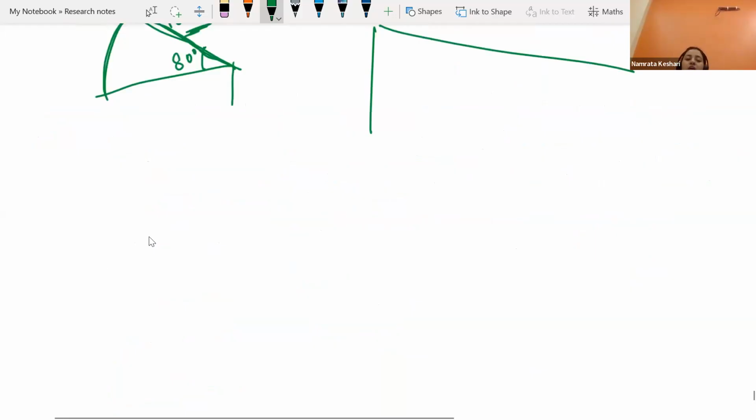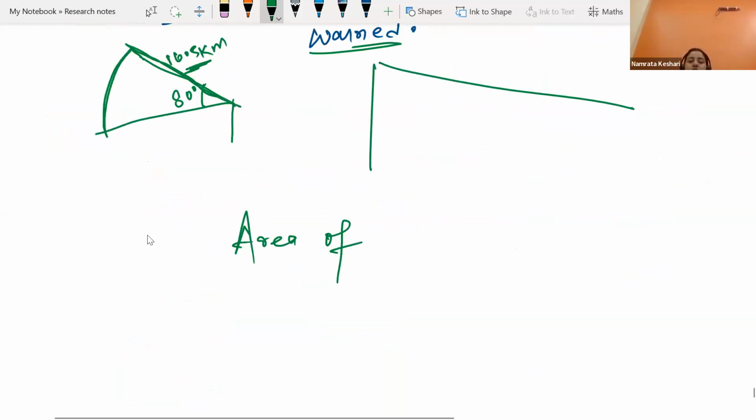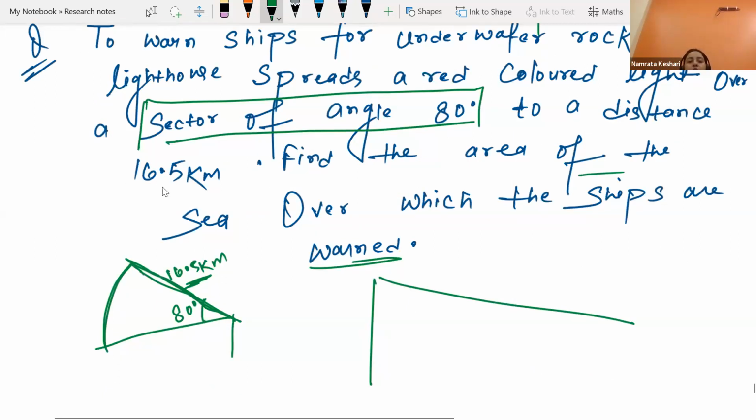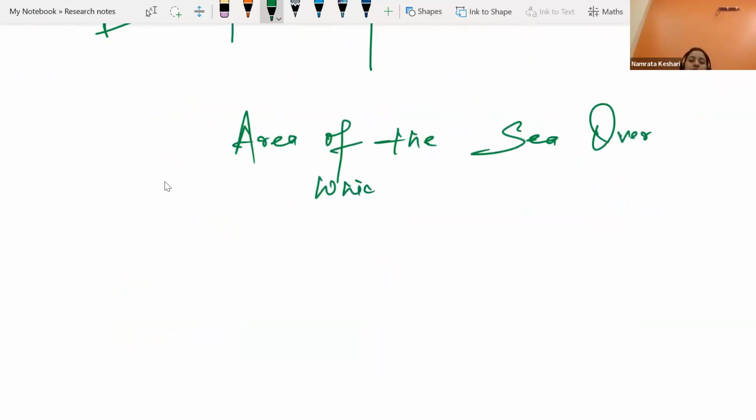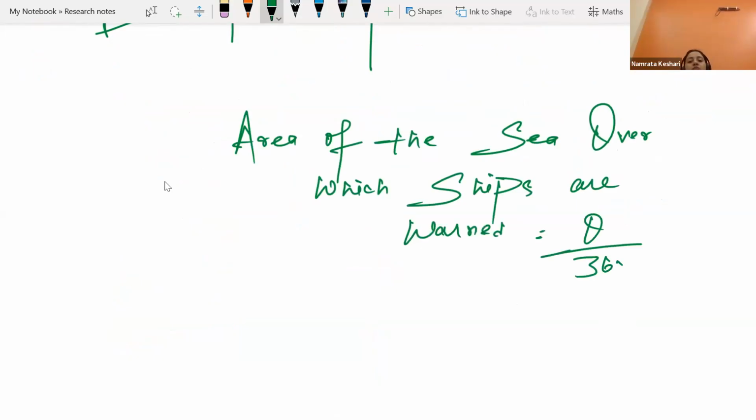Let's write the statement: area of the sea over which ships are warned. Again theta by 360 into pi r square.